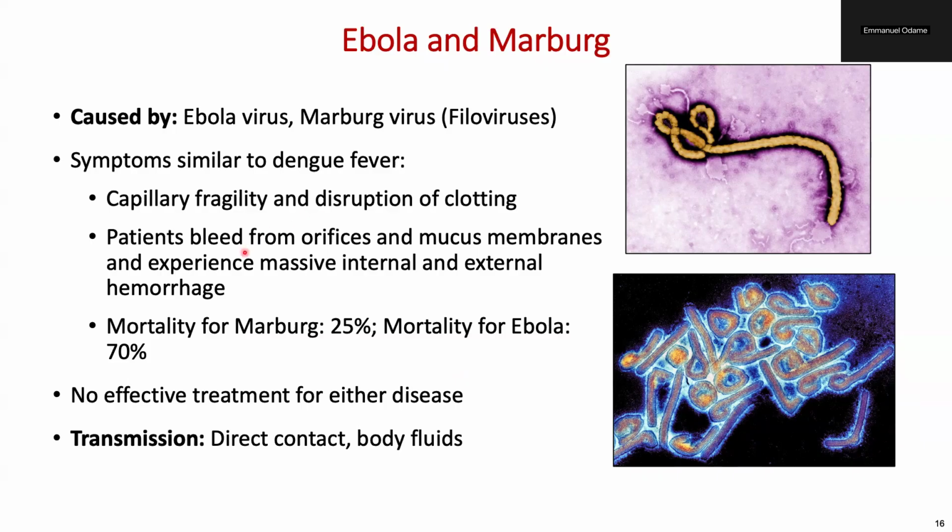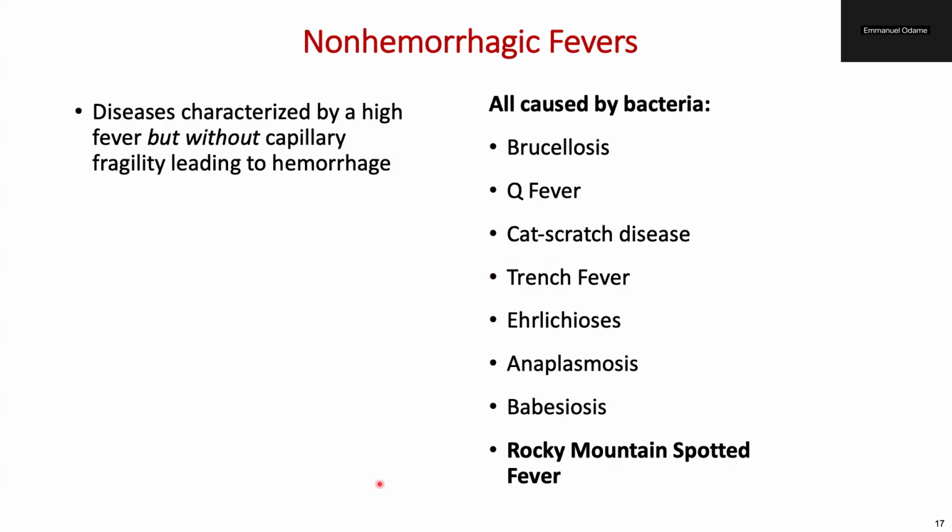And mostly, if your blood cannot clot, it leads to patients bleeding from orifices and also mucous membranes, and they experience massive internal and external hemorrhages, which is basically bleeding. The mortality rate for Marburg is mostly around 25%, and the mortality for Ebola is around 70%. No effective treatment for either disease is known, so you have to try and protect yourself. It's transmitted through direct contact and also through bodily fluids.